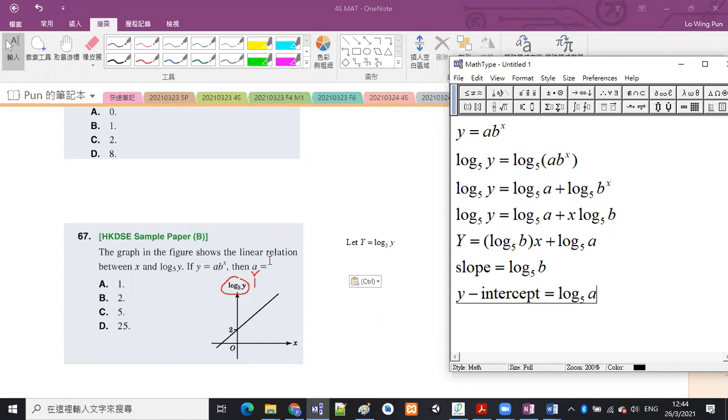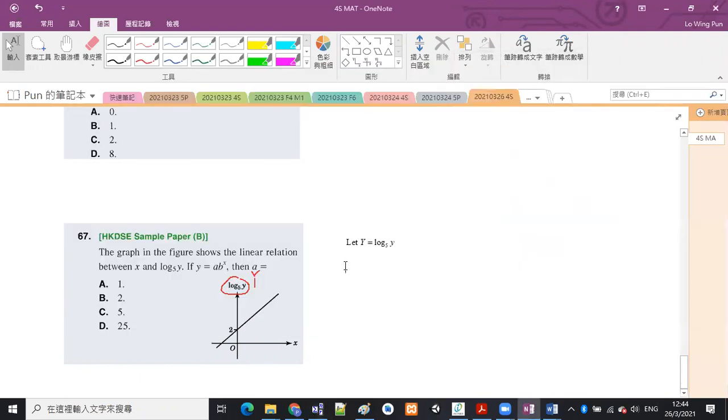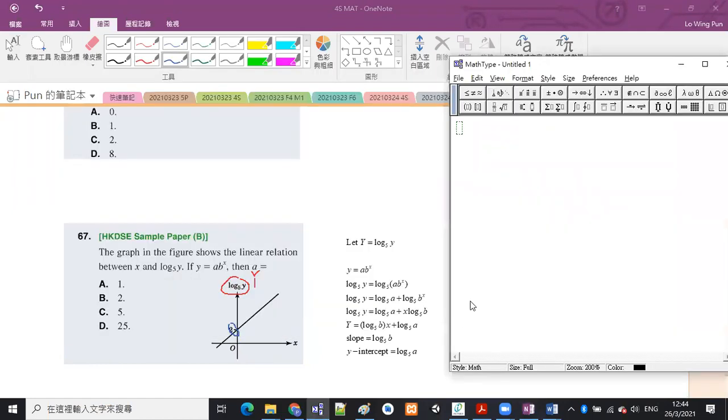Okay? So what information do we have from the graph this time? We have this 2. And 2 is the y-intercept of the line. So we can put our y-intercept to be equal to 2.